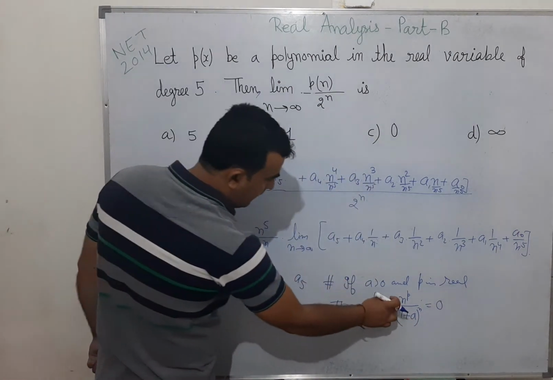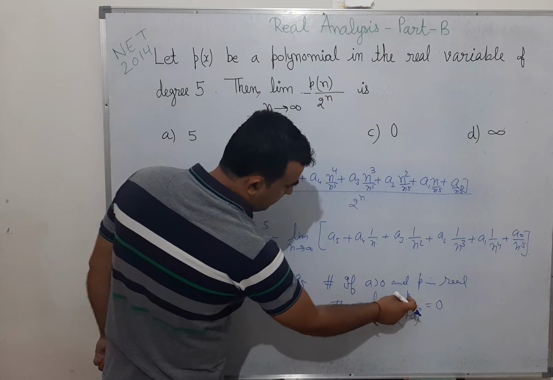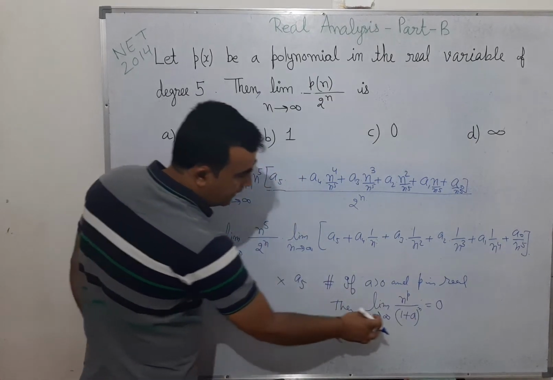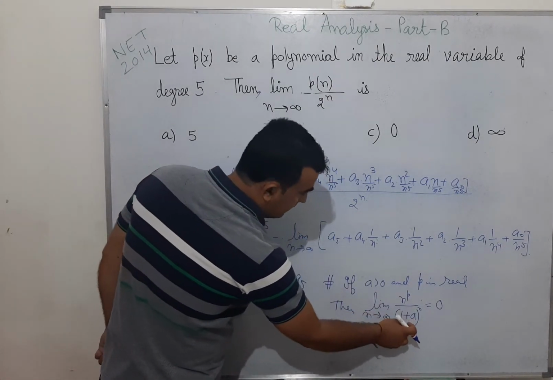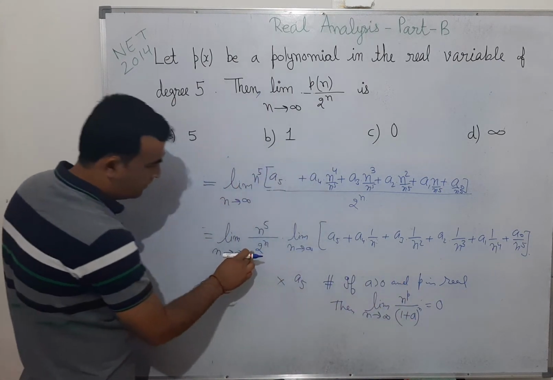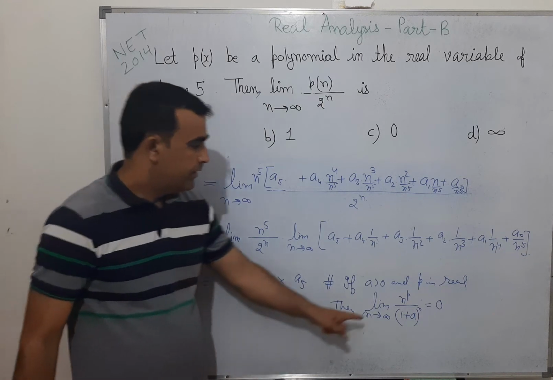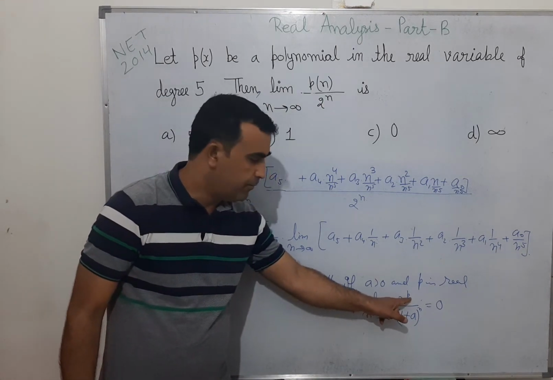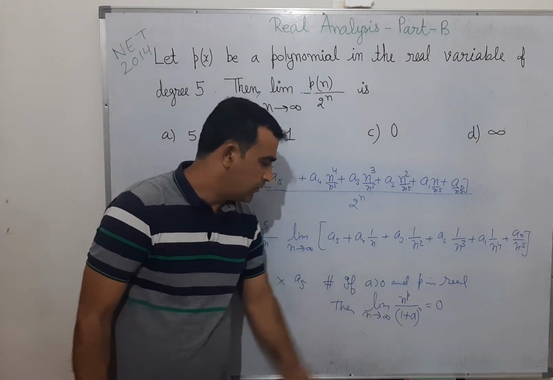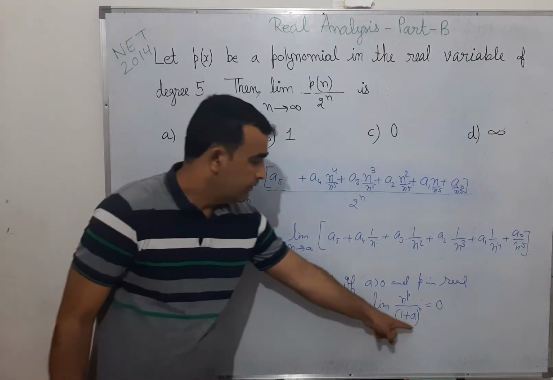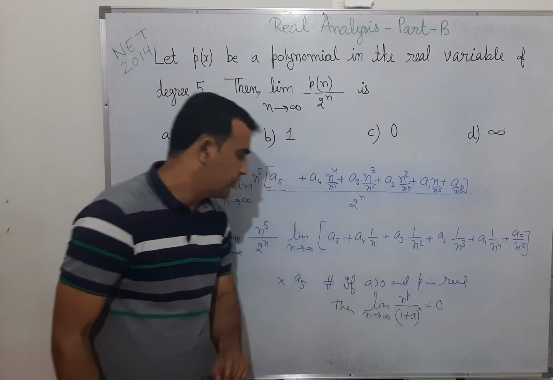If we take p is equal to 5 and a is equal to 1, then this expression becomes n raised to power 5 upon 2 raised to power n. Then the limit of this expression is equal to 0.